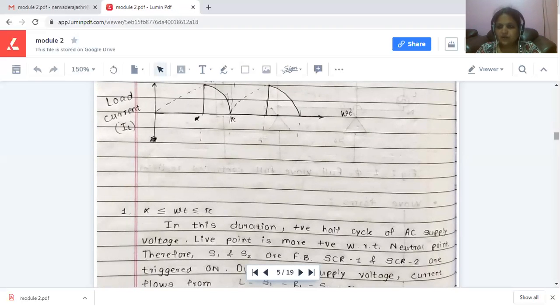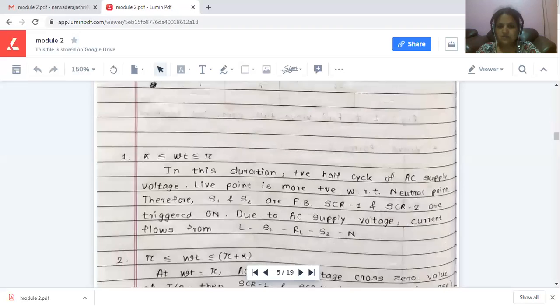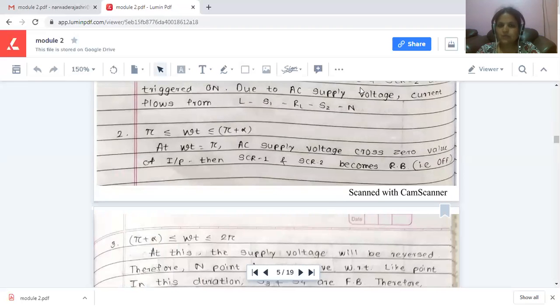So during the interval alpha to pi, that is during the positive half cycle, SCR1 and SCR2 are forward biased. The current flows from the live point of the single phase supply through SCR1, the resistive load RL, SCR2 and to neutral.